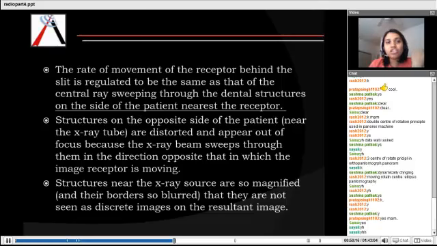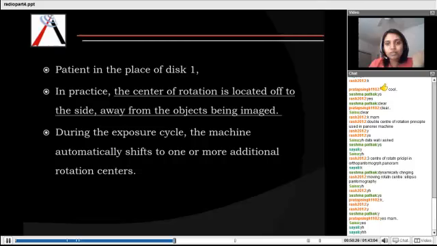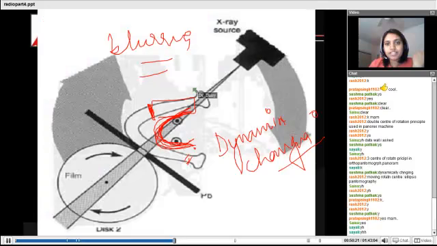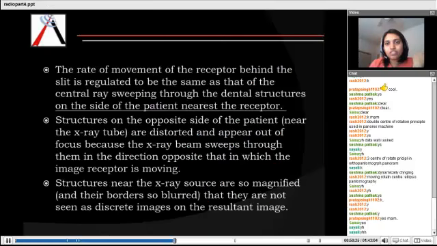But the structures on the opposite side, that is, we are talking about these structures, are distorted and appear out of focus because the X-ray beam sweeps through them in the direction opposite to that in which the image receptor is moving.